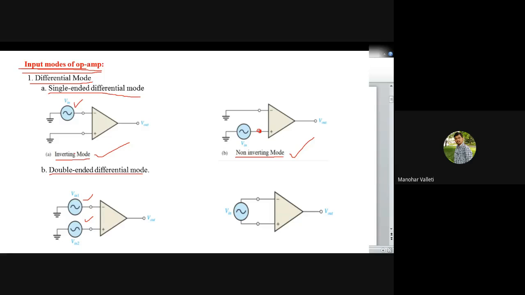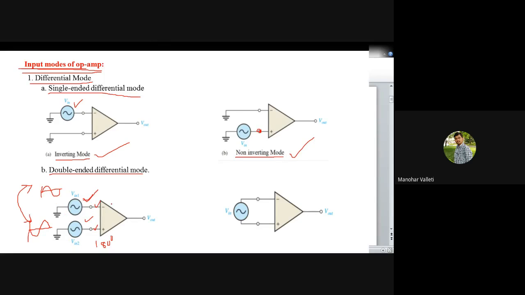Please note, in inverting mode, the other input will be grounded. And if you apply two inputs simultaneously, if input one has a wave shape like this, then input 2 has to be out of phase with input 1. Out of phase means these two signals have a 180 degrees phase shift. Please observe here, both are 180 degrees phase shifted.